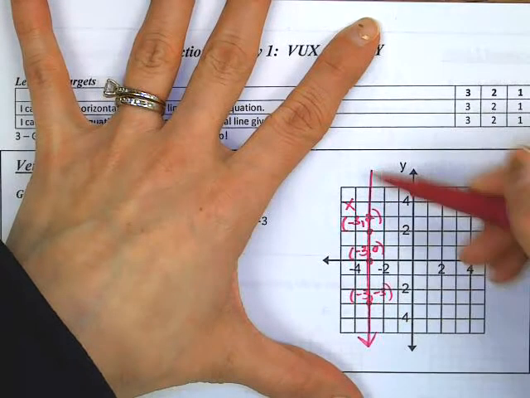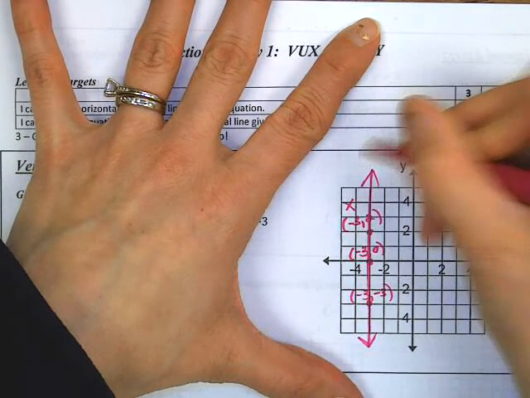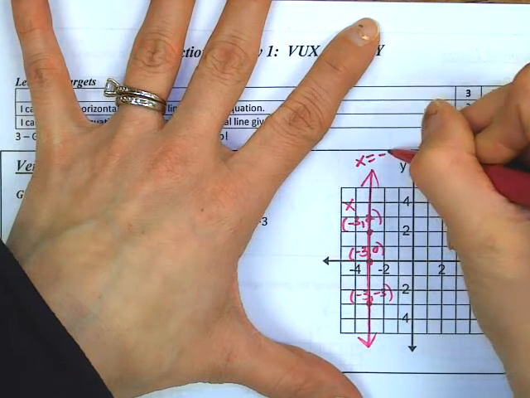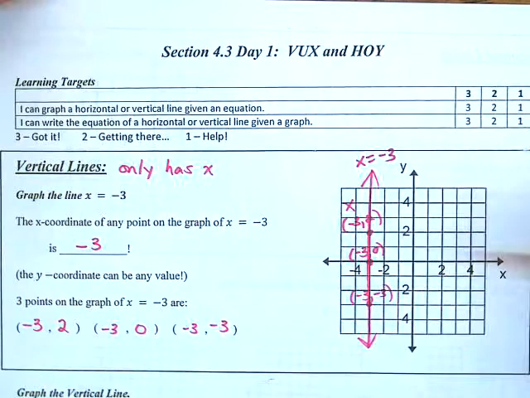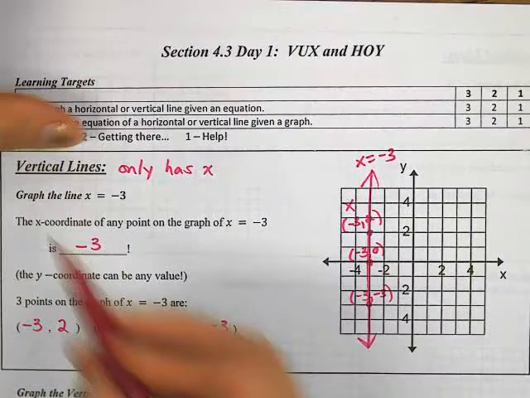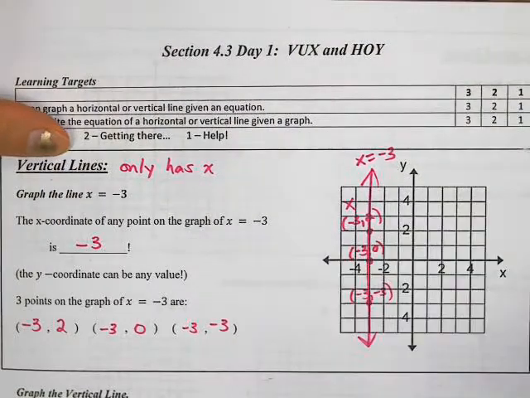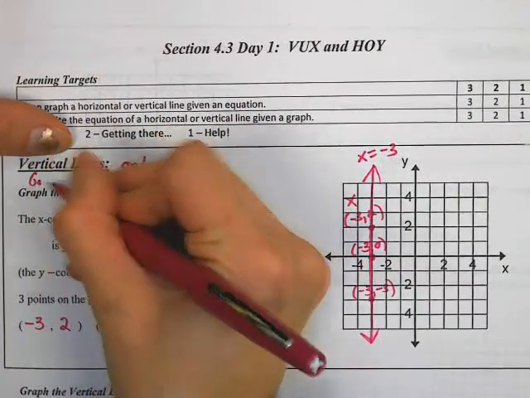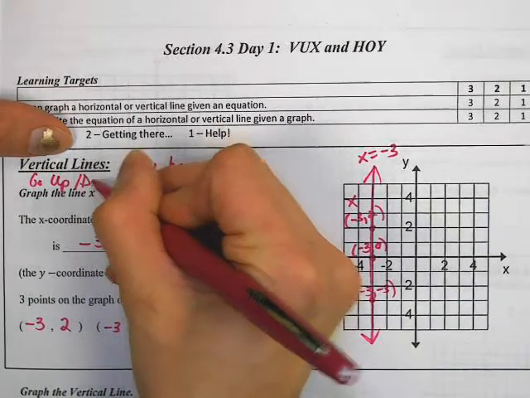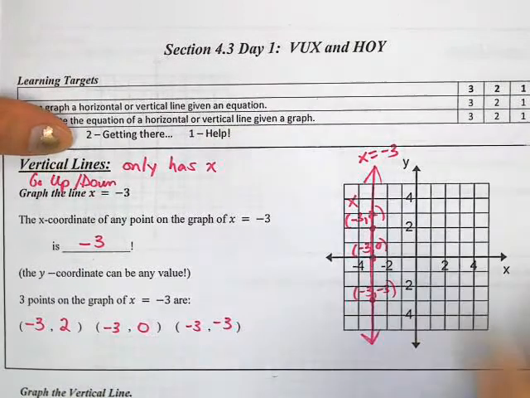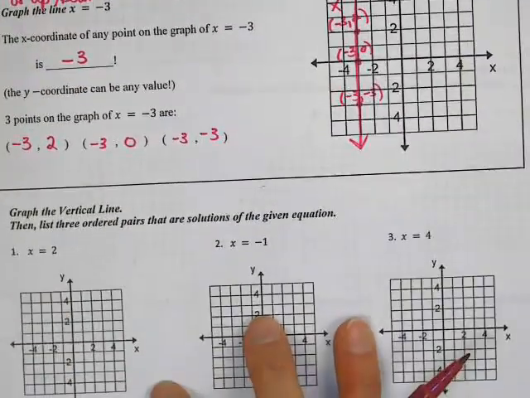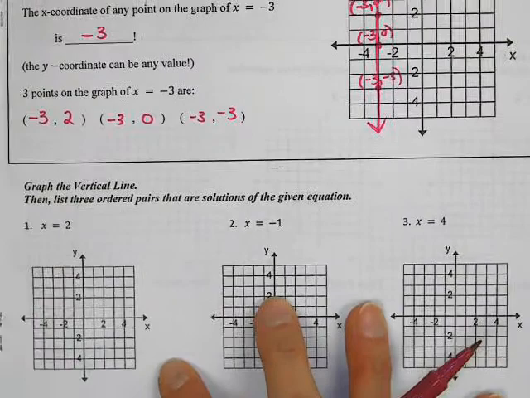Okay, it's a vertical line going up and down, and all of the x numbers are -3. Okay, this is a vertical line. Vertical lines go up and down. Okay, to graph the vertical line, it's super easy. You have to go up and down.